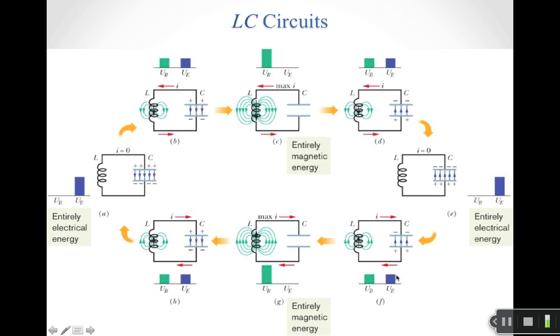And then all this does is just repeat. Split between the two, all stored in the magnetic field, split between the two, all back to electric potential energy because I now have a fully charged capacitor and no current. So this again is just a nice schematic showing us what's going on with the energy.